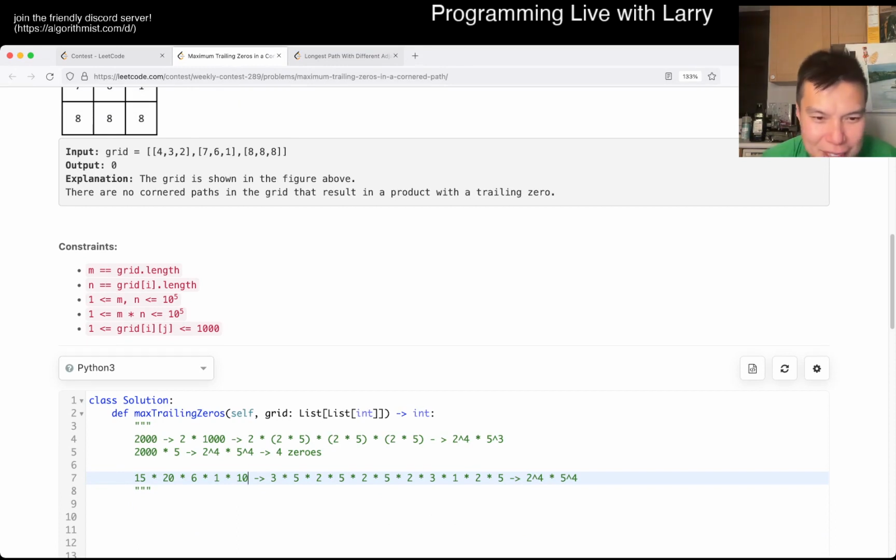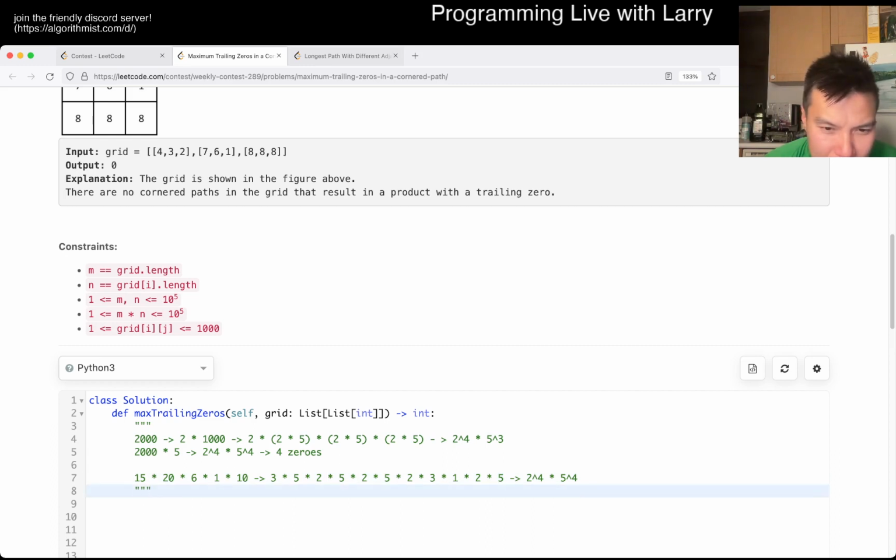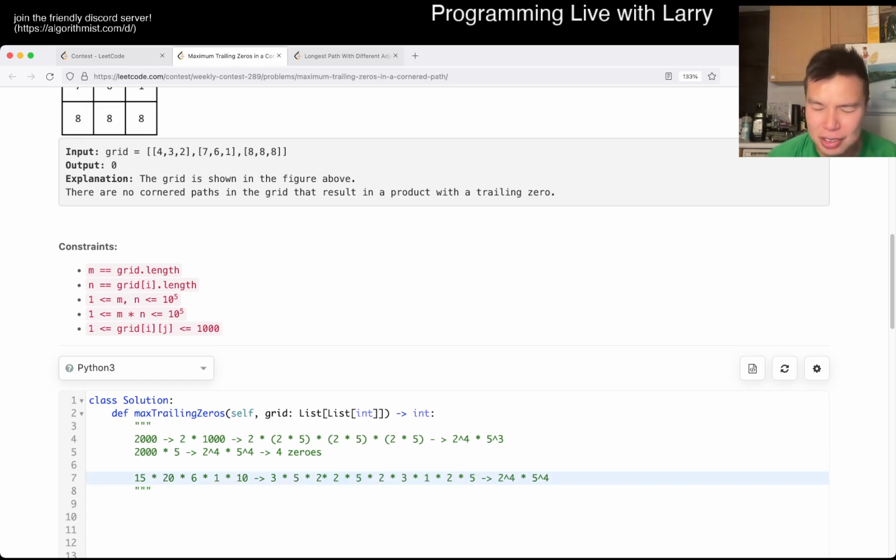Hang on for a second. 1, 2, 3, 4, and then 1, 2, 3, 4. Oh, no, okay. I had an extra 5. Sorry, instead of 20, I did 100. That's why. So that means 2 to the 3rd times 5 to the 3rd, which is going to have only 3 zeros because they match up in that way.